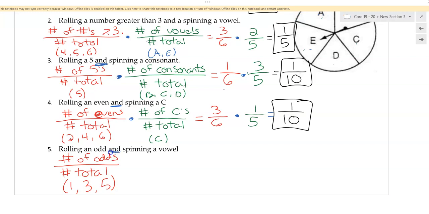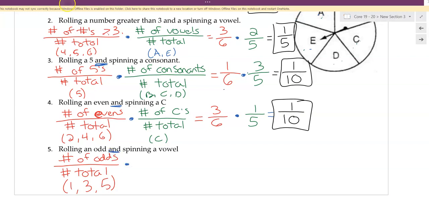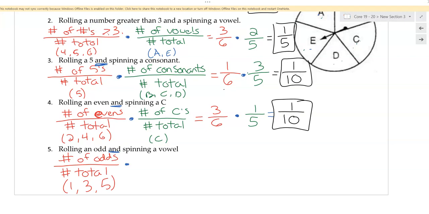And then it's the word "and," so we're multiplying. Spinning a vowel, so that's the number of vowels over the number total.